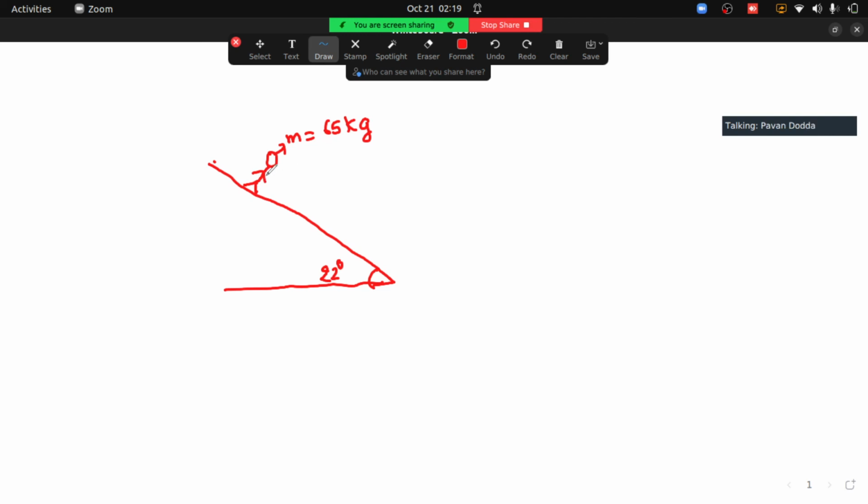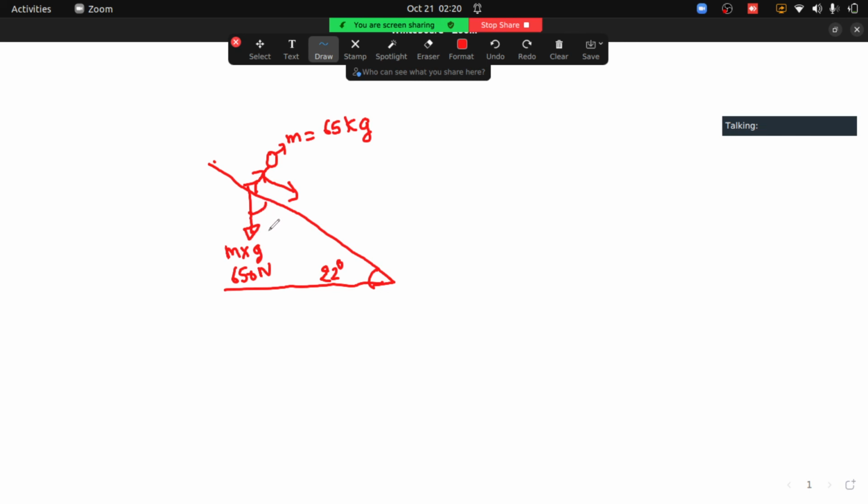The skier is moving along the plane, so he is moving along this direction, right? Now the force of gravity is going to act along this direction. And what's the amount of force due to gravity? M times g, 650 Newton. And what is this angle?